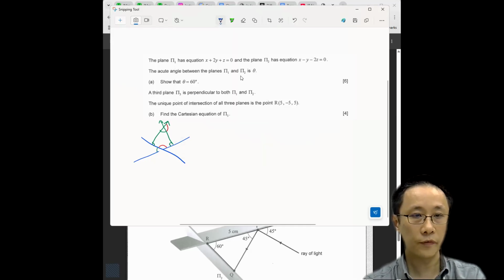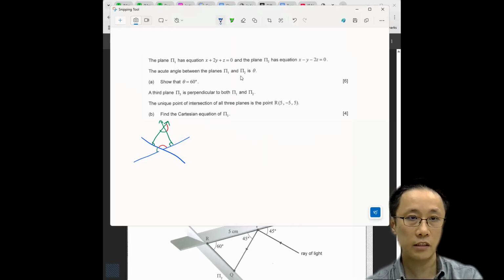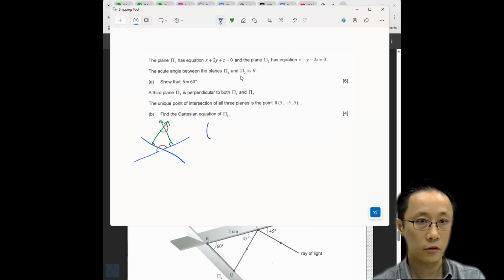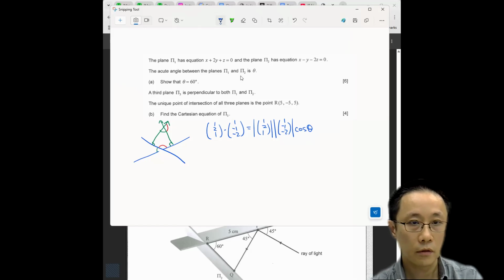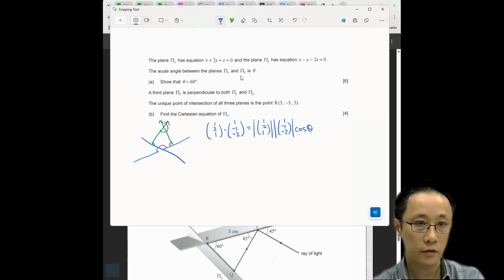So the dot product of the normal vectors, you can simply read off the x, y, and z components. So 1, 2, 1 dot 1, -1, -2 equals the magnitude of the two normal vectors and cos of an angle. I think in this case, the dot product is negative. It's 1 minus 2 minus 2 equals root 6 cos angle.